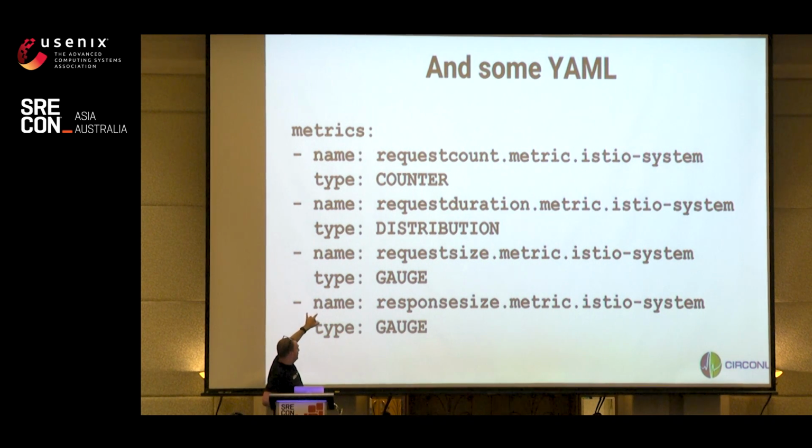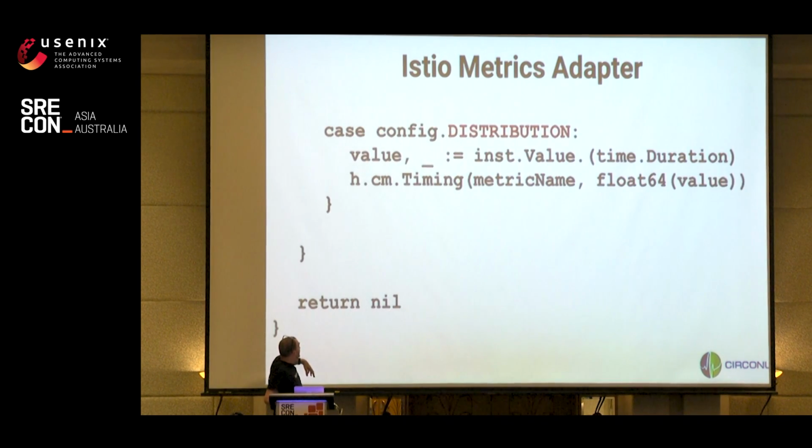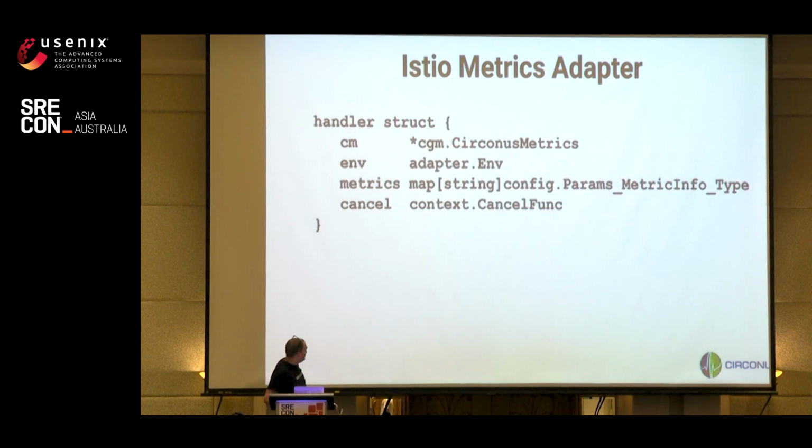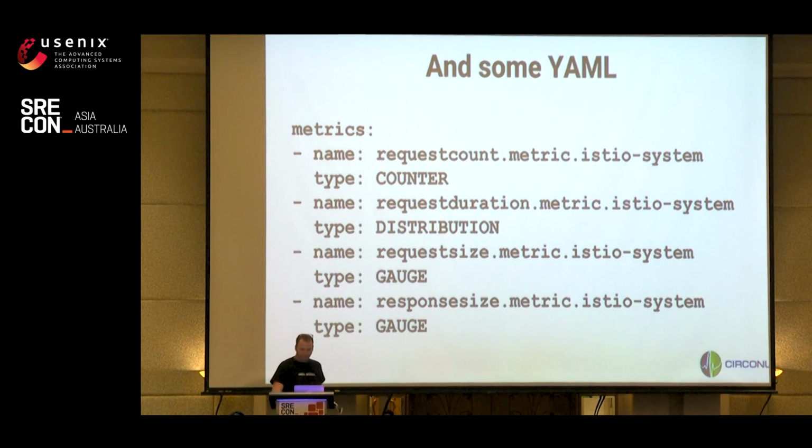I'm expecting request duration to be passed as a distribution, which is a time.Duration value, and I believe I cast that to a float64. And I don't use request size and response size in the RED dashboard, but I can pass those as gauges.